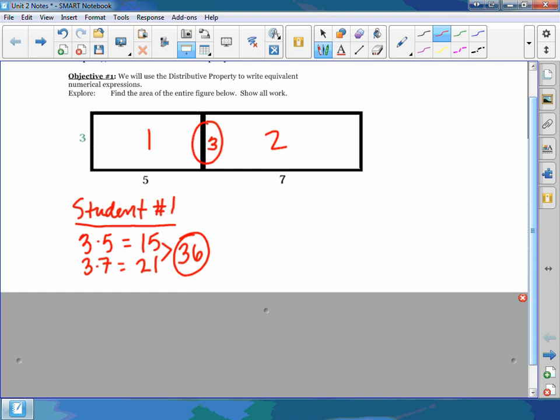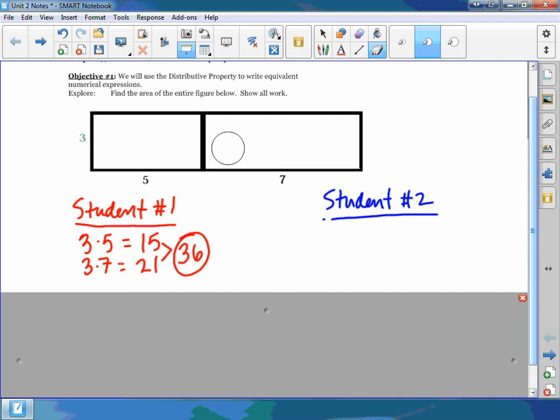The other approach would be to look at it like this. I'll put student number 2. Now, student number 2 doesn't see it as two rectangles, but instead views it as one longer rectangle, and says, I'm going to find the area of this entire rectangle the way that it is.